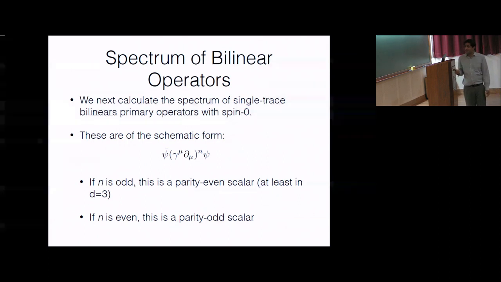It's necessary to divide these into 2 different categories. If n is odd, this would be a parity even scalar in d equals 3. So there are parity even scalar bilinears, and if n is even, it's a parity odd scalar in d equals 3.